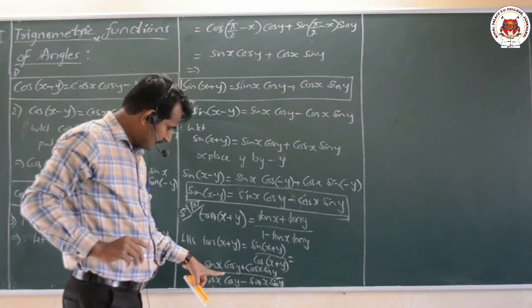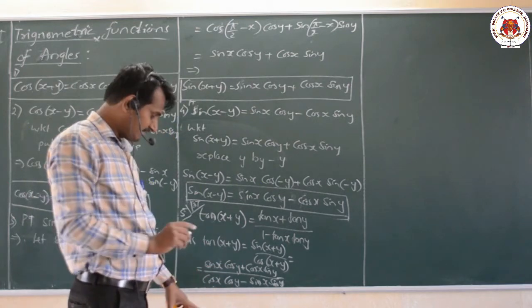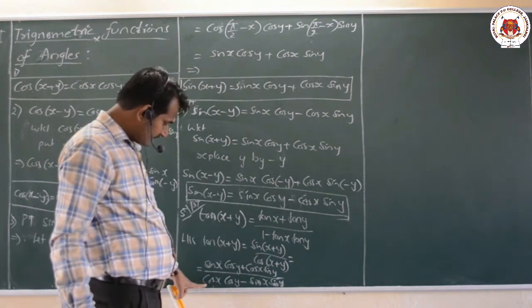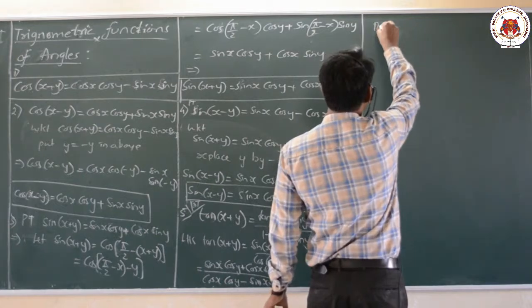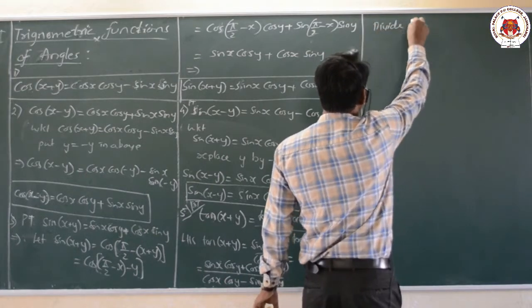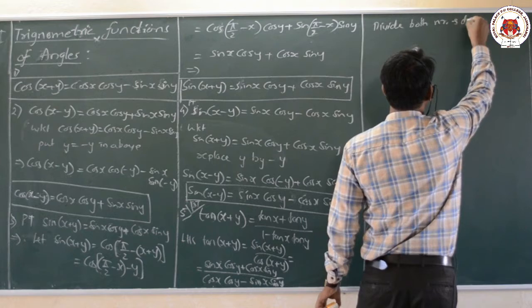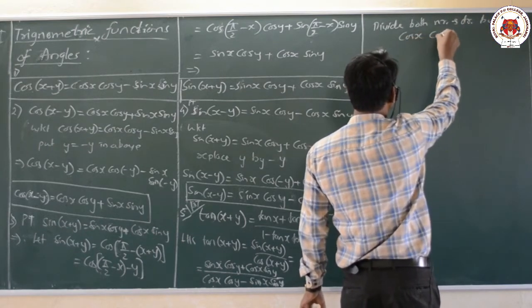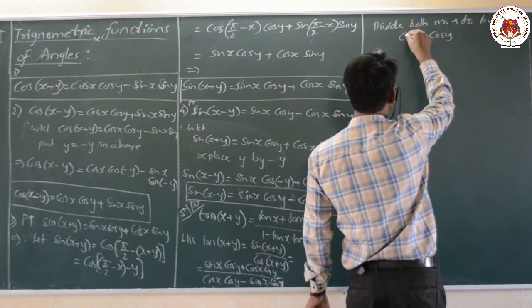Here what I will do is divide both numerator and denominator by certain values. Here we got the value for 1, isn't it? That means I will divide by cos x cos y. Divide both numerator and denominator by cos x cos y.